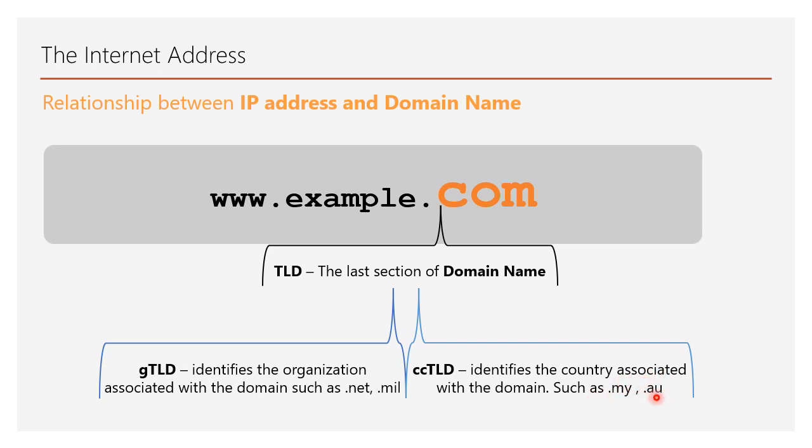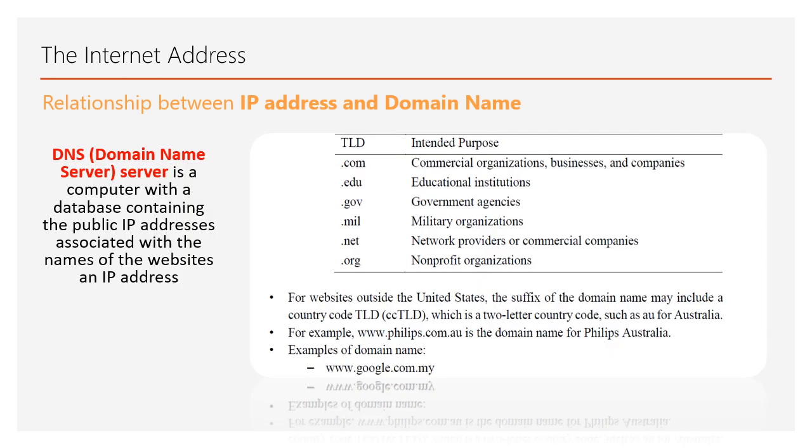We also have AU, the country code for Australia. These are examples of the most commonly used top-level domains: .com, educational institutions, government agencies, military organizations, network providers or commercial companies, and ORG stands for non-profit organizations.